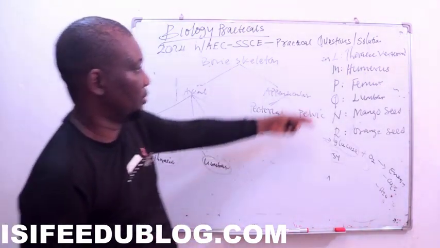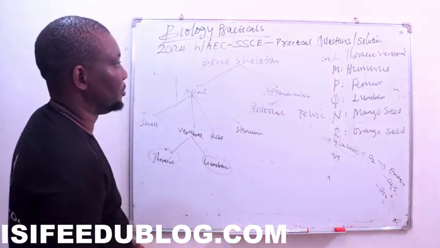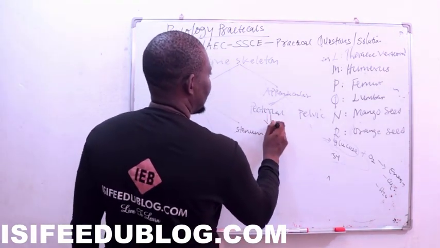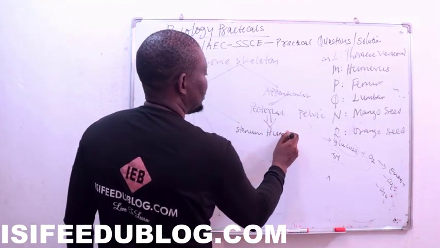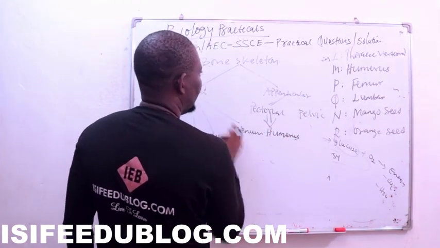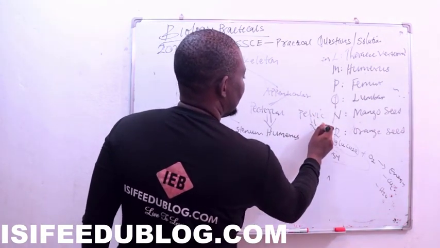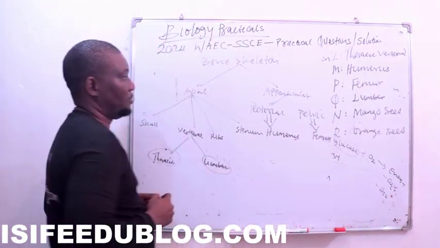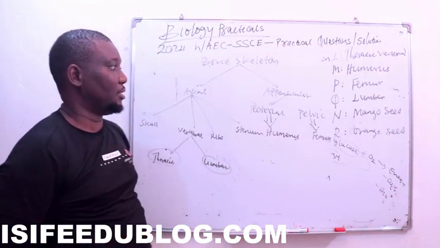Which bone is of the pectoral? The pectoral bone here is the humerus, a long bone like mentioned. Then the one in this part is the femur. This is what we need to know about the bone skeleton as far as this is concerned.